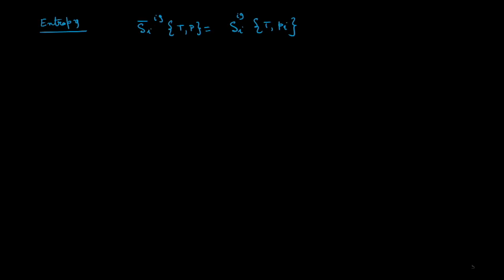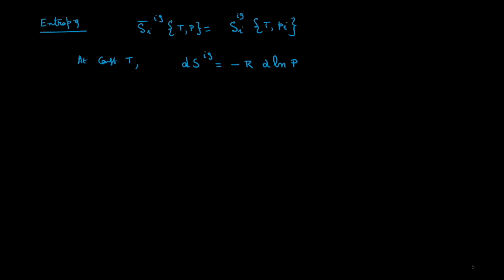Now, if you recall, at constant temperature, dS for an ideal gas is minus R d ln P. So what I'll do is take this and integrate it from the partial pressure Pi to the total pressure P.